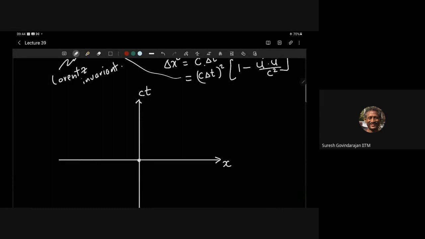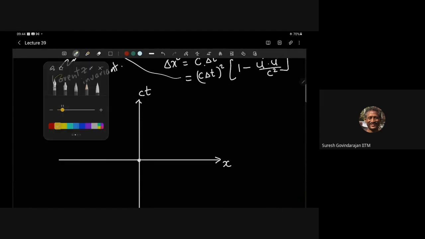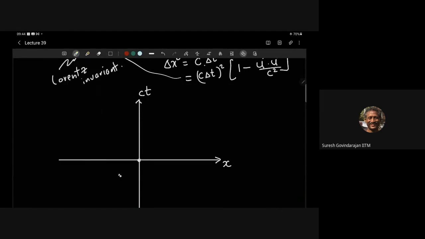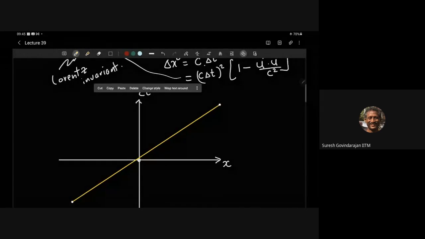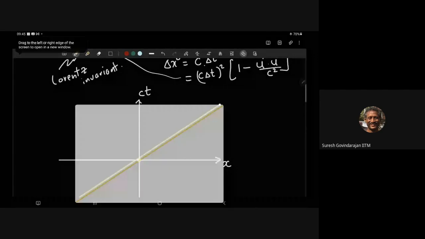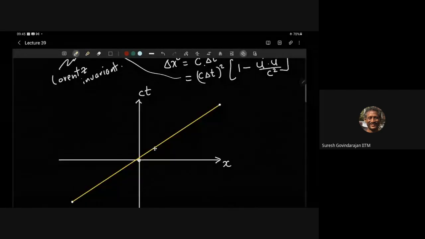So let's do that. Let's pick a different color, draw light rays, and draw straight lines. Trying to move it. It's not moving. Why?